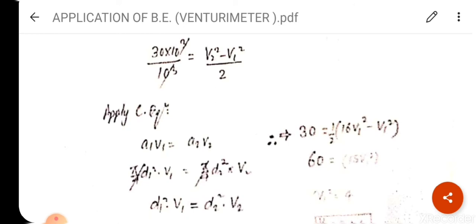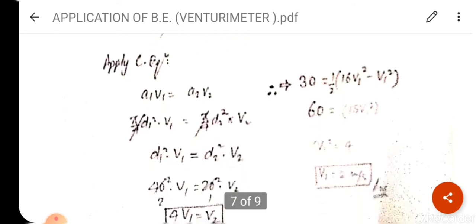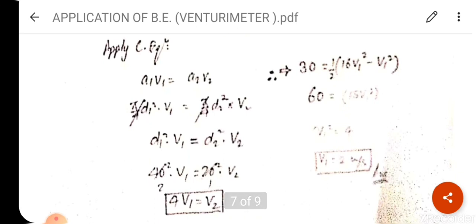Putting the diameters, D2 is 20 and D1 is 40, so 40 square on the left and 20 square on the right, we get 4V1 is equal to V2.